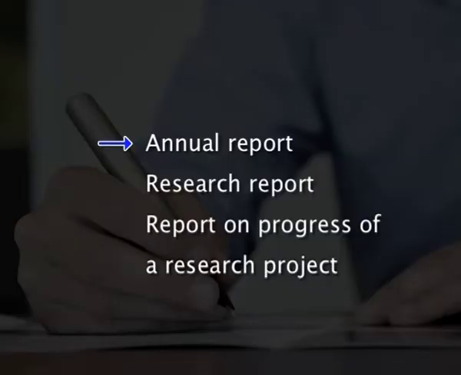These reports are divided into sections and subsections, each with a clear heading. These headings and subheadings are organized in a logical sequence. For example, annual report, research report, report on progress of a research project, etc.